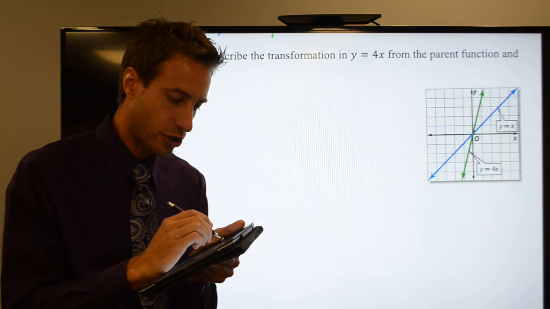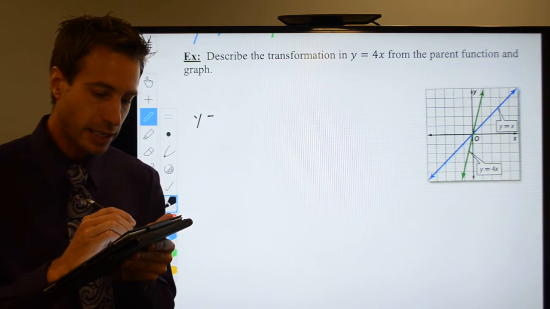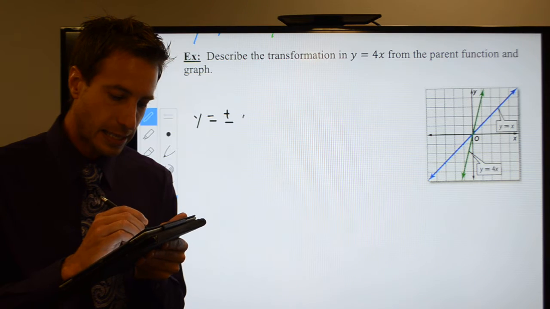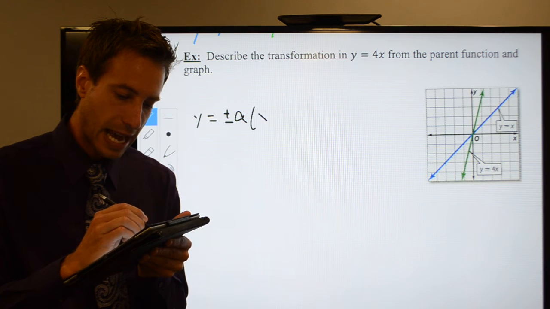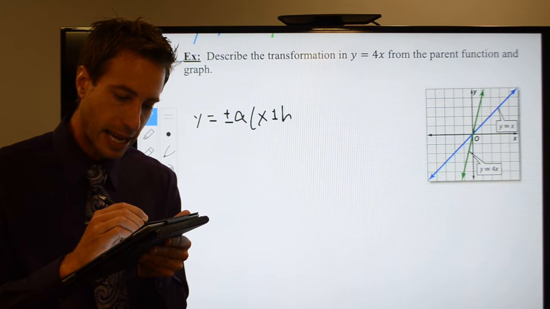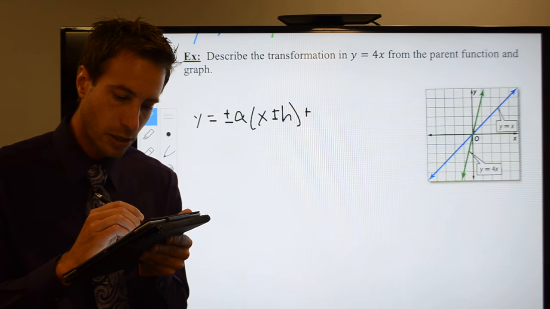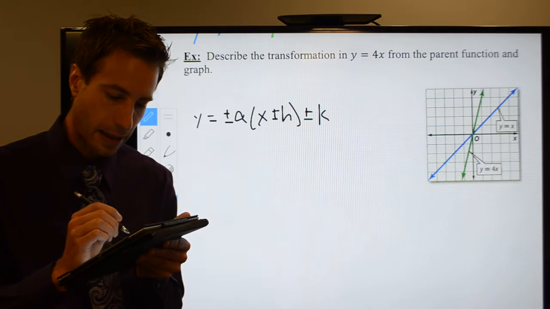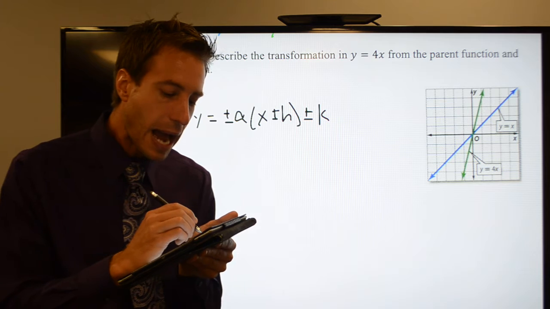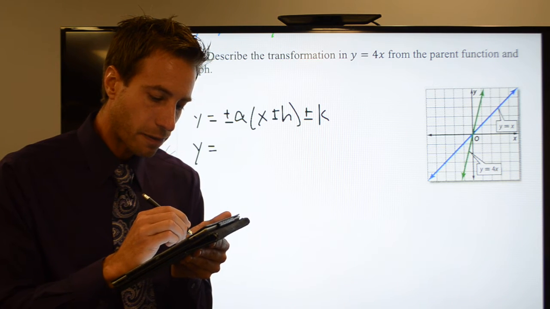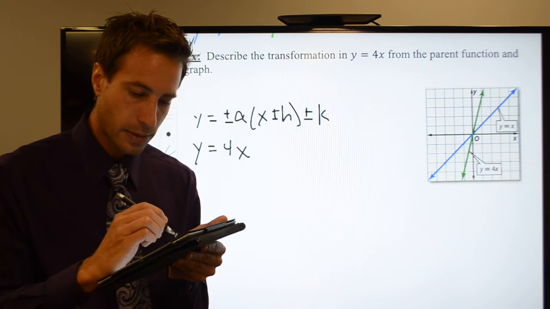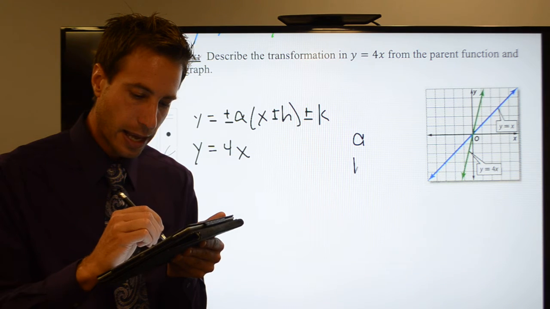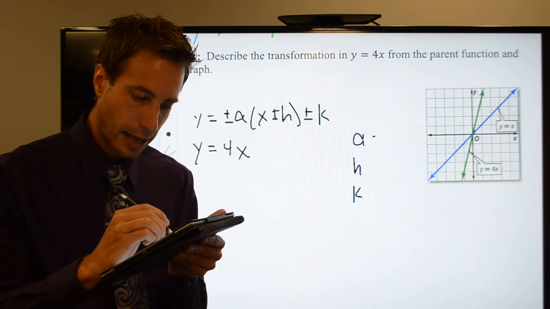The general equation is y equals plus or minus a times the quantity x plus or minus h, plus or minus k. All right, well, here we go. I have y equals 4x. Let's see if we can figure out a, h, and k.